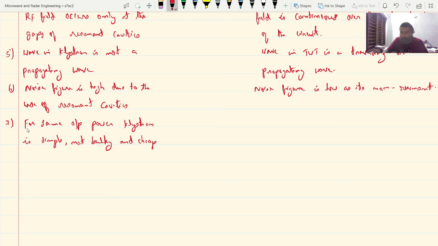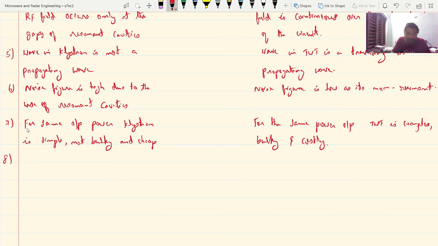Whereas for the same output power, TWT is complex, bulky and costly.